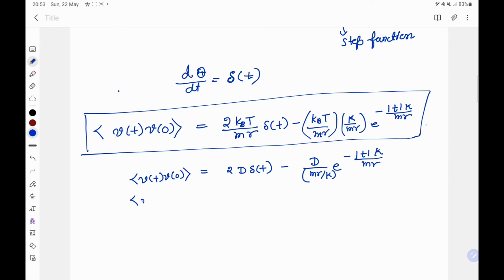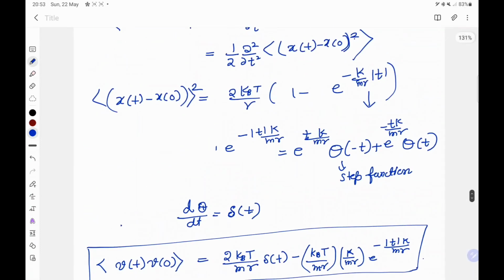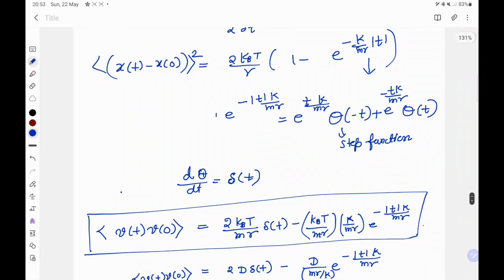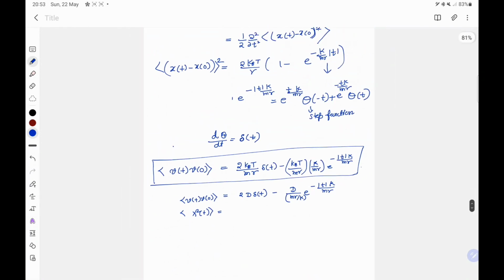And for the displacement square, what we have obtained, x square t was 2 kB T over gamma (1 minus e to the power minus kappa over m gamma mod t).